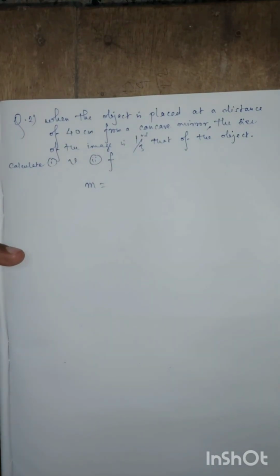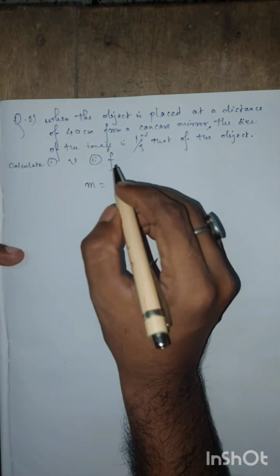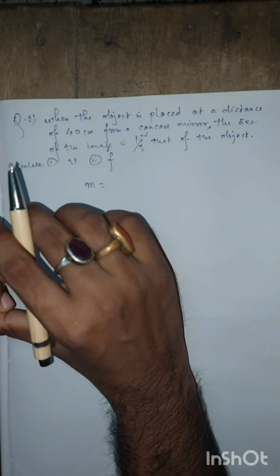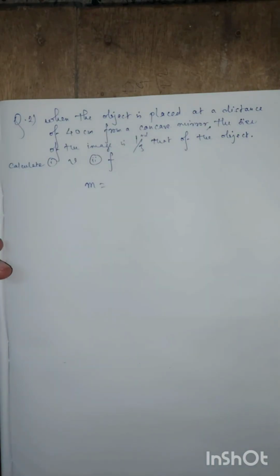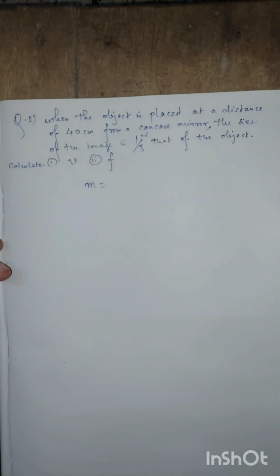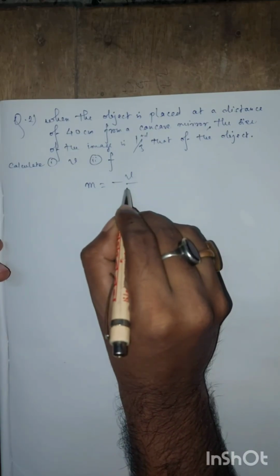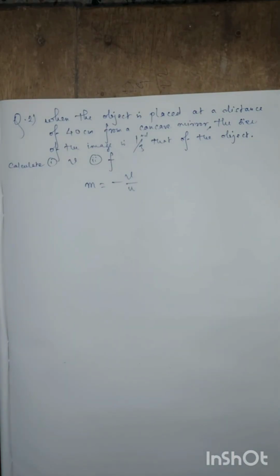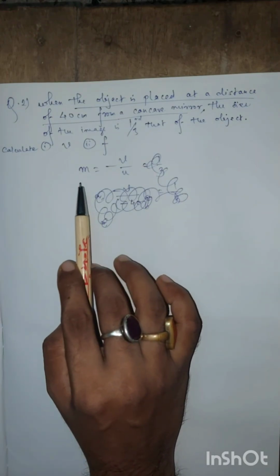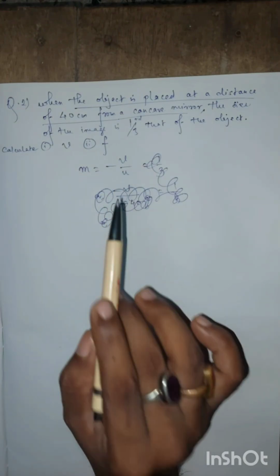We know magnification, the linear magnification, can be written as minus v by u.